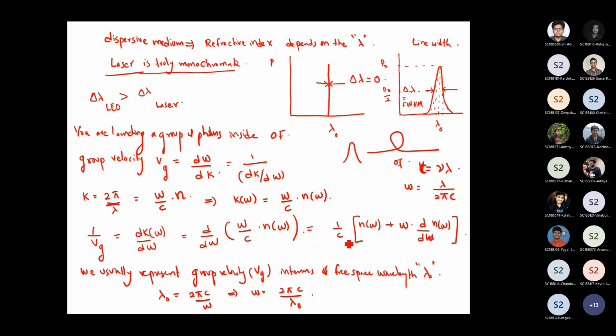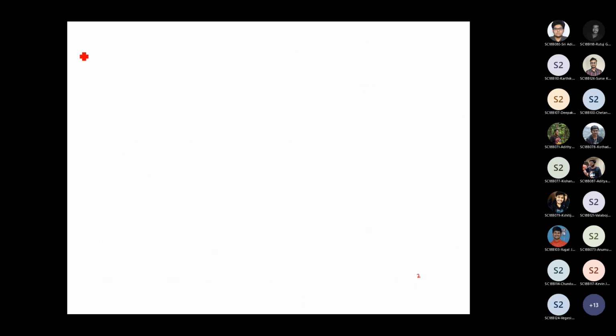So you have the relationship 1 by c into n of omega plus omega into dn of omega divided by d omega. The second term, omega into dn of omega by d omega, can be written as omega into dn of omega divided by d lambda into d lambda divided by d omega.